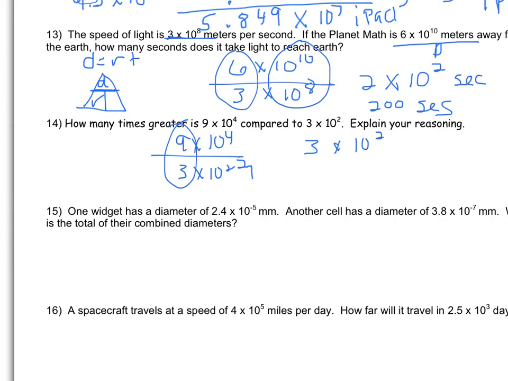So it is 300 times greater. Again, you should be correcting right now, so mark it wrong, but also correct so you can see what it is you're doing wrong.